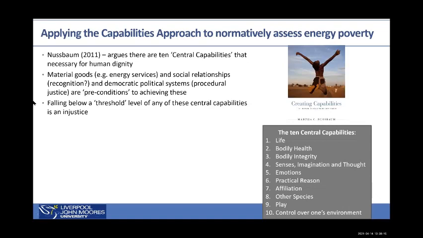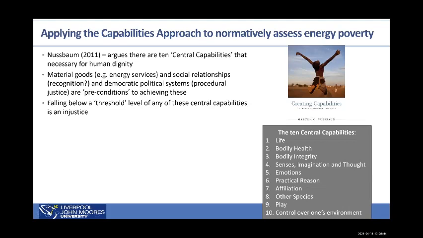She also presents this as what she calls a partial theory of justice, because she argues that if any person falls below a threshold level for any of those central capabilities, that is a form of injustice, because we need all 10 of them in order to have a life that's commensurate with human dignity. So if people fall below any of the 10, then that is a form of injustice in her words.